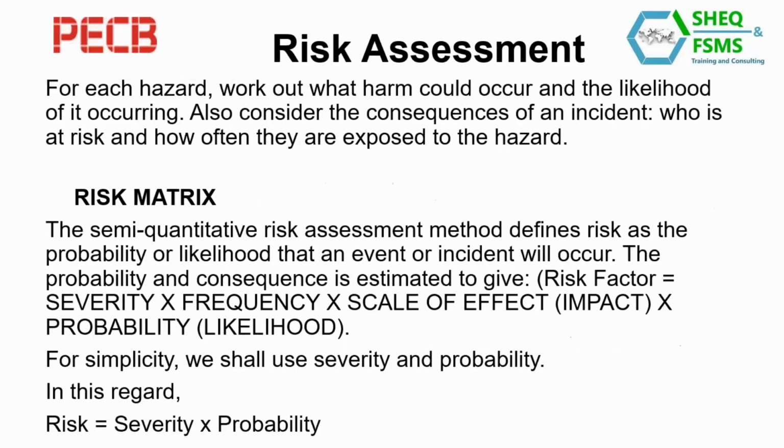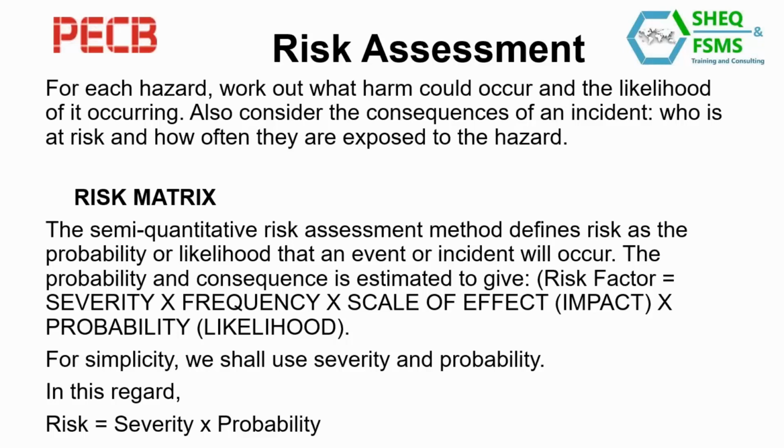Now we come to risk assessment. For each hazard, work out what harm could occur and the likelihood of it occurring. Also consider the consequences of an incident, who is at risk and how often they are exposed to the risk. Now in this case we use a risk matrix. The semi-quantitative risk assessment method defines a risk as the probability or likelihood that an event or incident will occur.